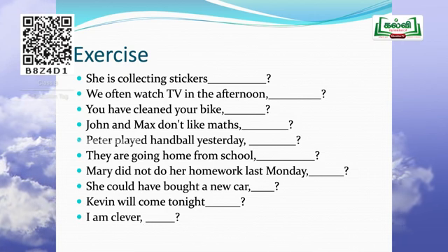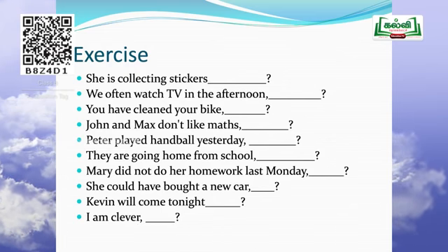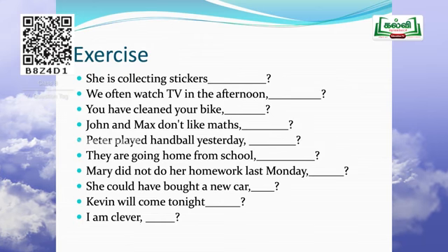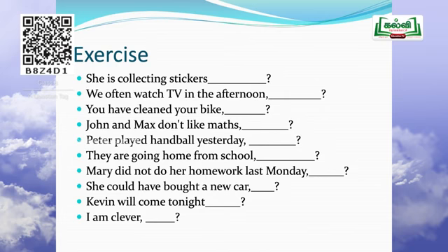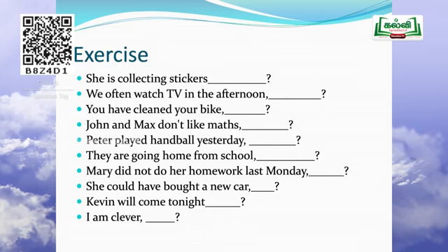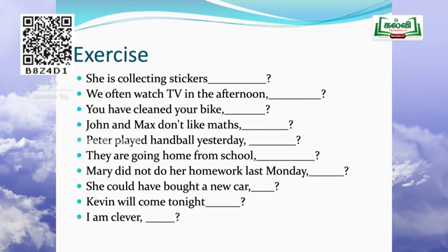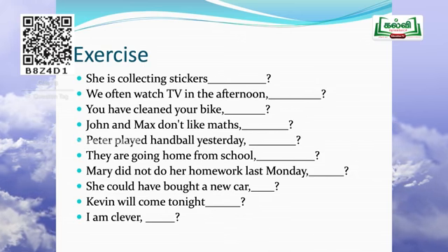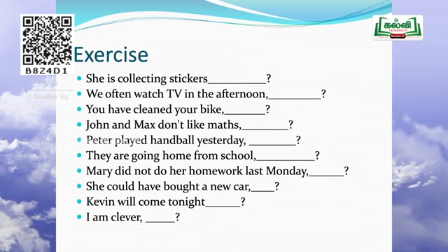Okay. Now move on to the third sentence. You have cleaned your bike. What is the tag? Yes, of course, you are right. Haven't you? Good. Peter played handball yesterday. What is the tag? Again, pick the main verb. Here we have played. It is the past form of the verb.